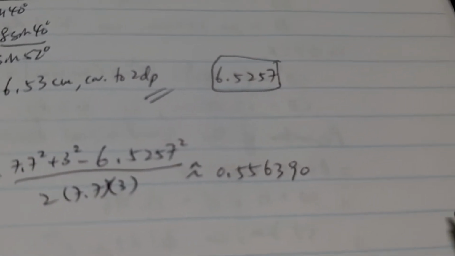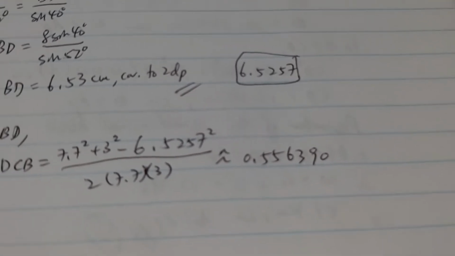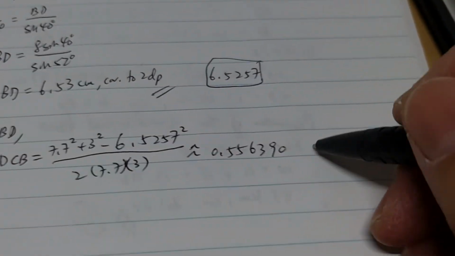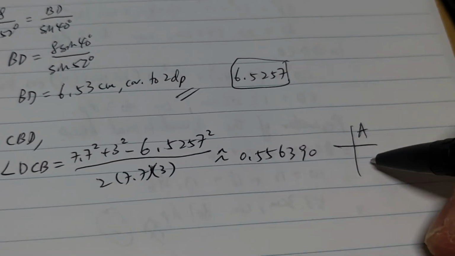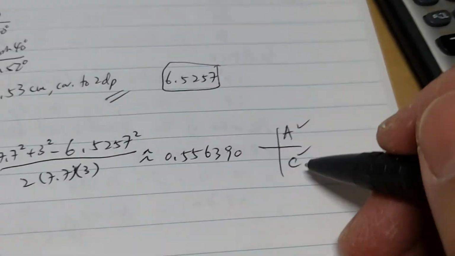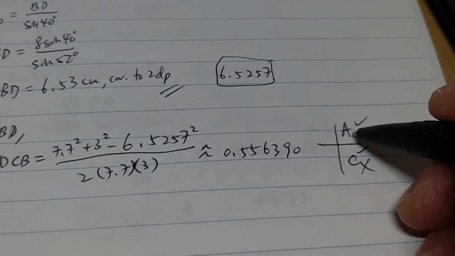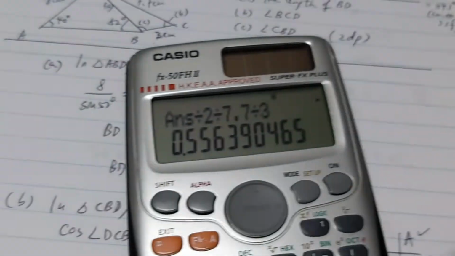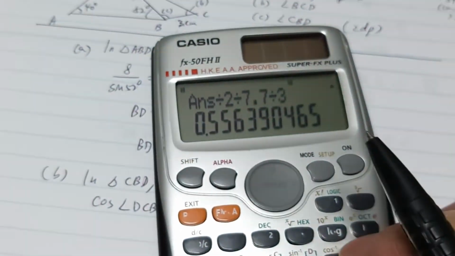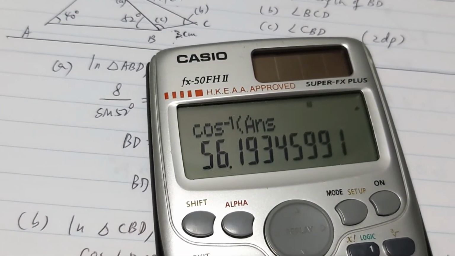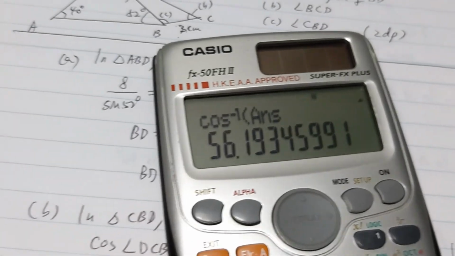It's approximately 0.556390. So for cosine positive, all students take Chinese. So in a triangle, we don't have reflex angle, so we check it. So only this answer. So we just shift cosine on this. Okay, the answer is 56.19 degrees.